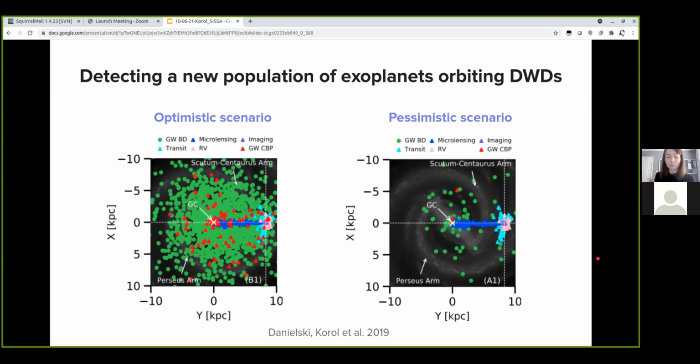The exact numbers will change with the models, but the highest estimate that I have seen in the literature for double neutron stars was a couple of hundred.